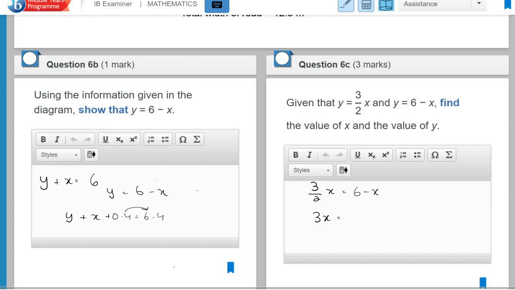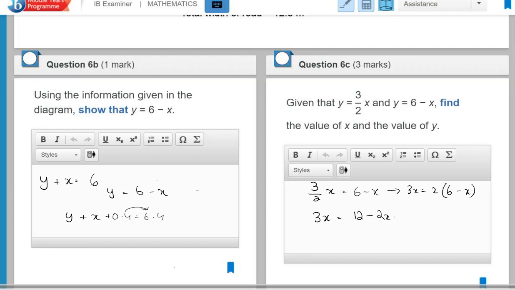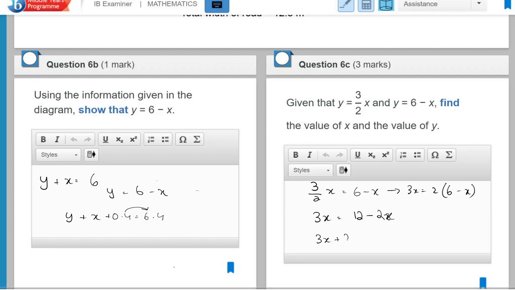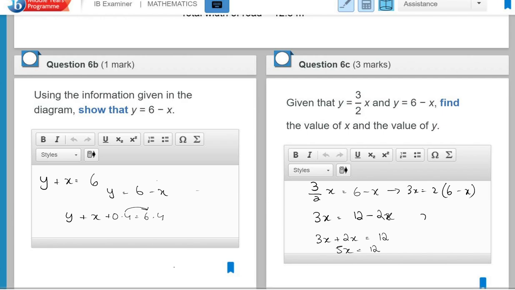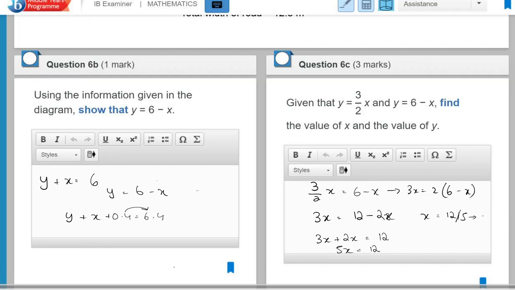So basically 3x equals 12 minus 2x, right? Because this becomes 3x equals 2 times 6 minus x, right? 3x plus 2x equals 12. 5x equals 12. x equals 12 over 5. So this becomes 2.4.